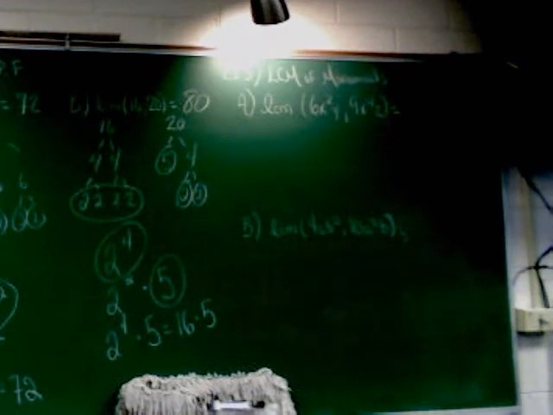So there's no real trick here as to how we start this. In part A, we're finding the least common multiple of 6x squared y and 9x to the 4th z. So let's do the 6 and the 9 with the factor trees, and then we'll do the other one with just listing.